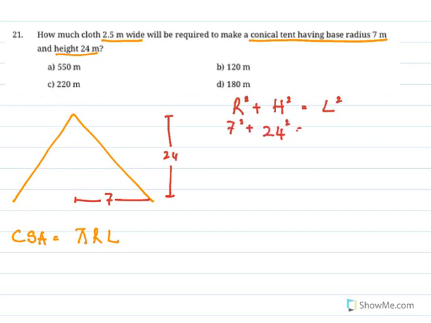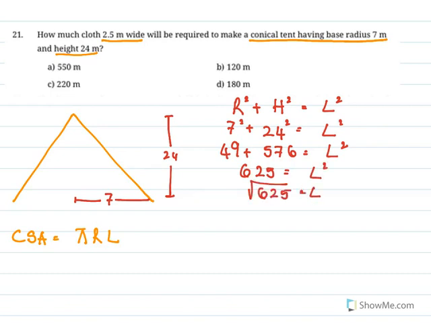So 7 square plus 24 square is l square. So 49 plus 576 equal to l square. So we have 625 equal to l square. So l is under root of 625. So your l is 25.